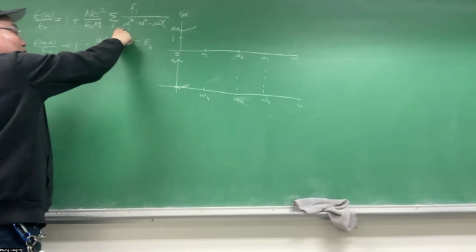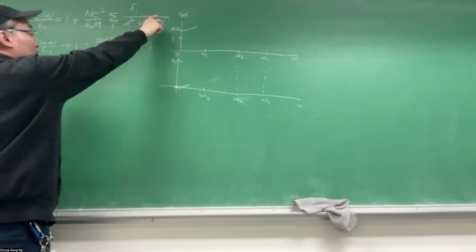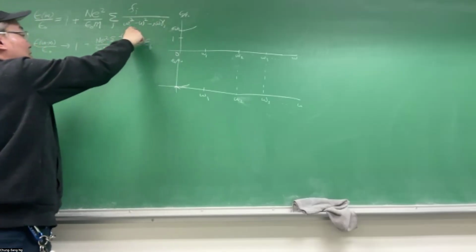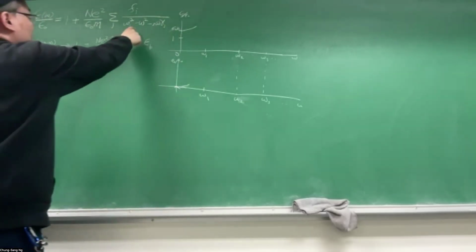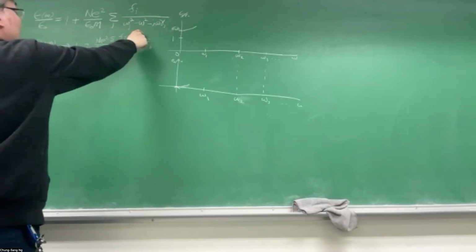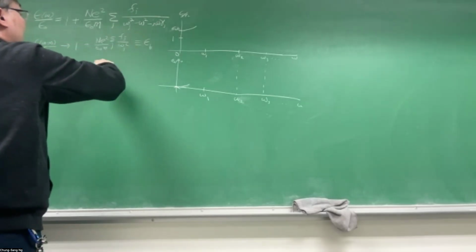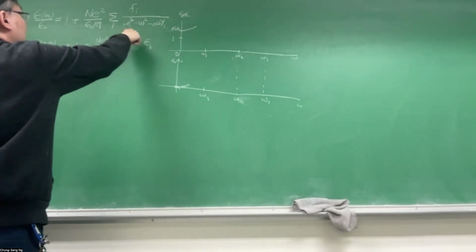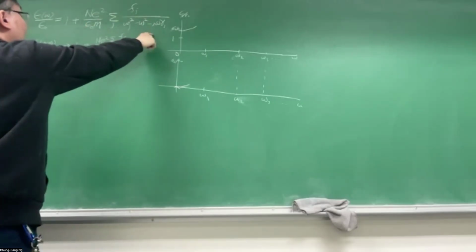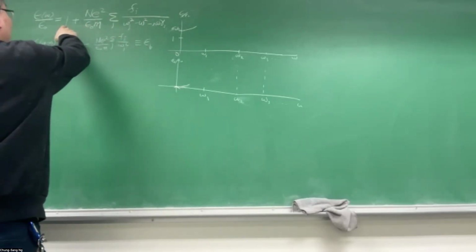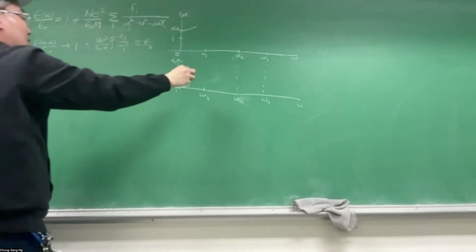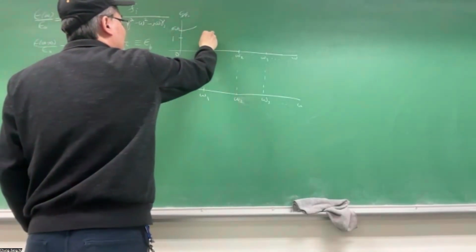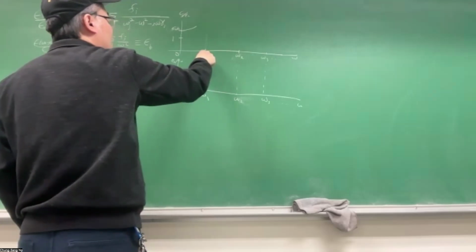When omega equals omega sub j, the denominator will be very small, so that term will dominate over the whole summation. This is the most dominant term, and it's purely imaginary. So the real part will be 1 plus the rest, which is assumed to be small.